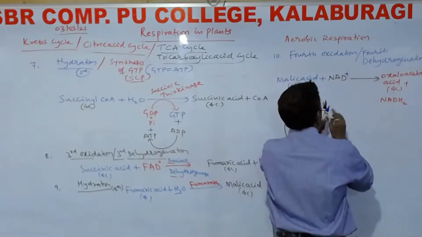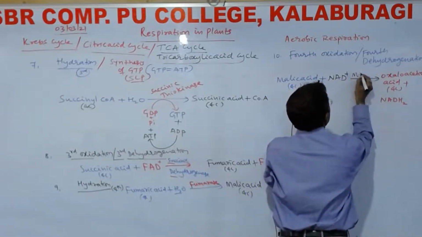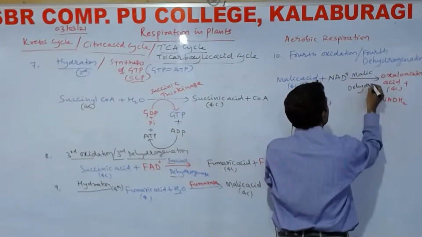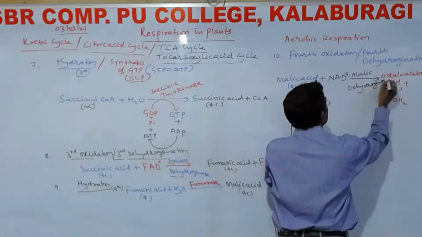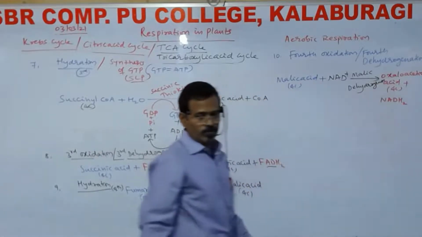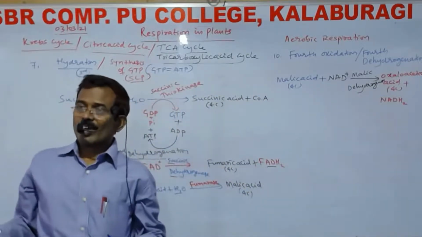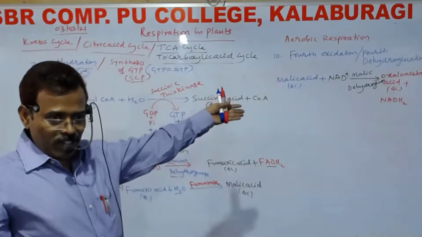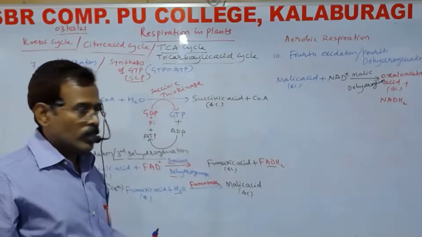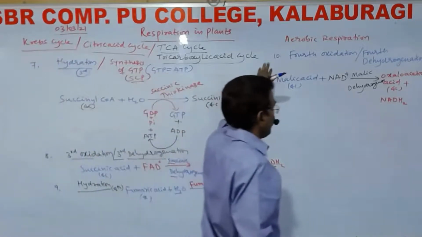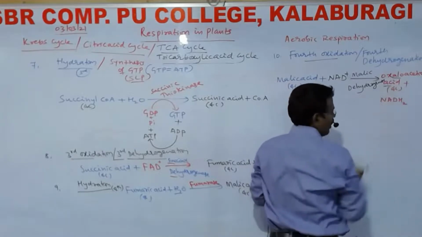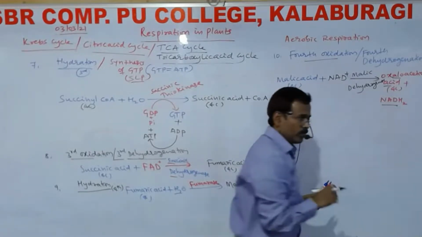This is catalyzed by malic dehydrogenase enzyme. See, wherever dehydrogenation reactions are there, usually such dehydrogenase enzymes are involved. So in step number 10, the 4th oxidation, there will be formation of oxaloacetic acid and NADH2.